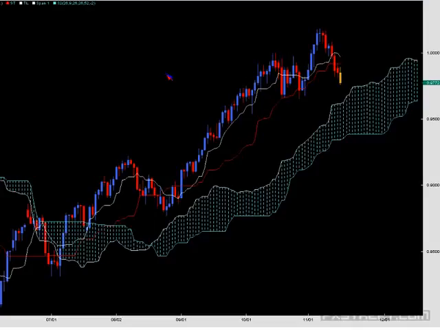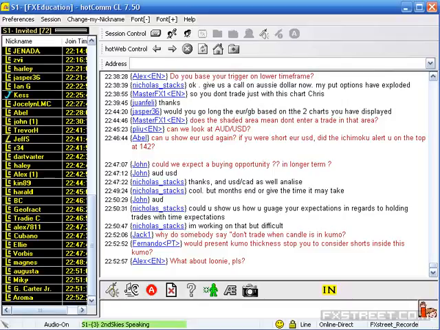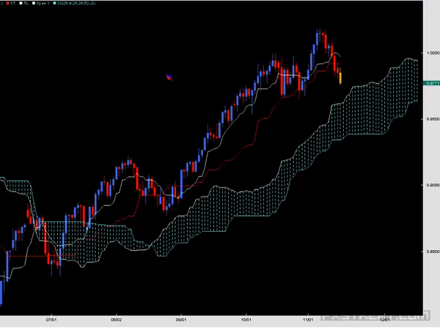However, that doesn't mean I can't take a trade on a 4-hour time frame, because the 4-hour time frame may give me a trigger, and that trigger might just happen to be inside the kumo on the daily time frame. That I would take, because if it's not in the kumo on the 4-hour time frame, then I'm not within the support and resistance zone for the 4-hour time frame, which has a different time compression, a different perspective on the market, and a different time horizon that trade should fulfill.